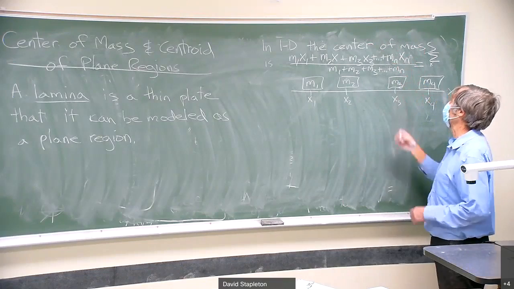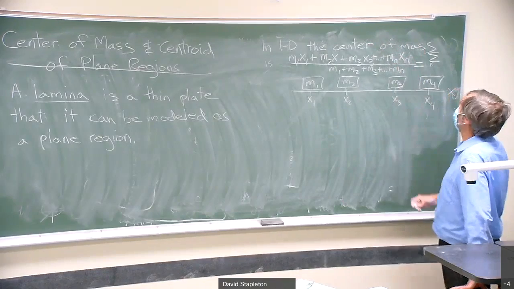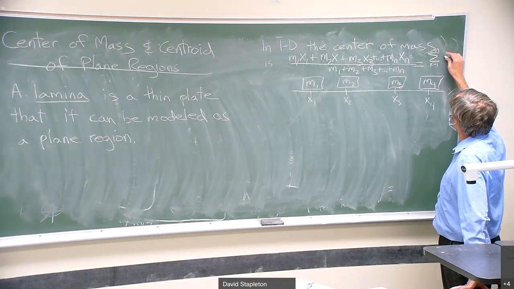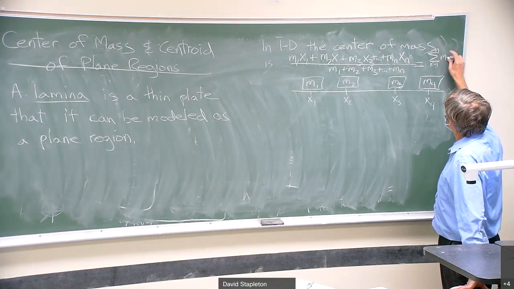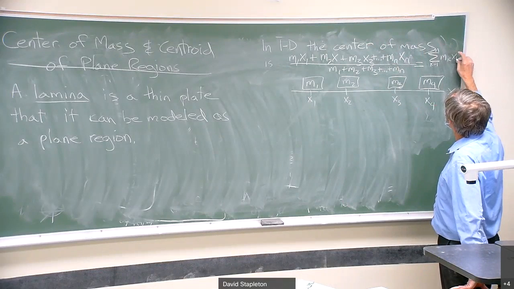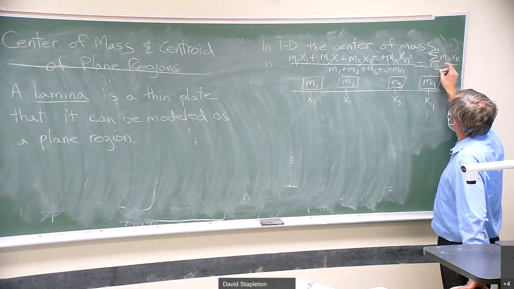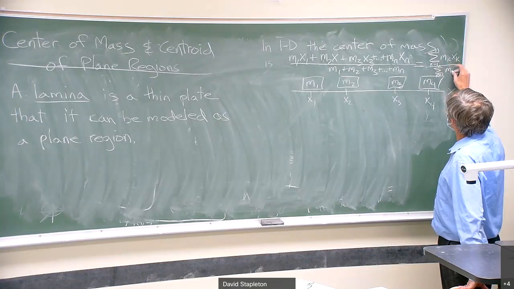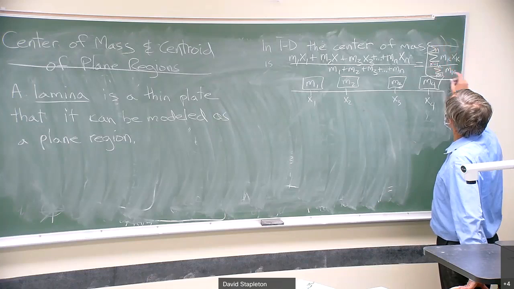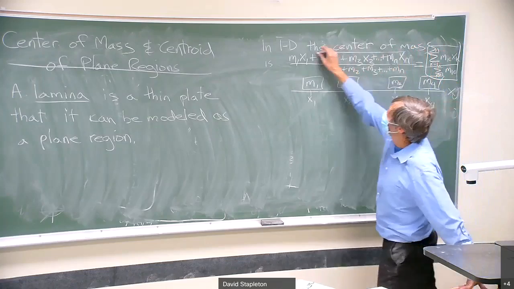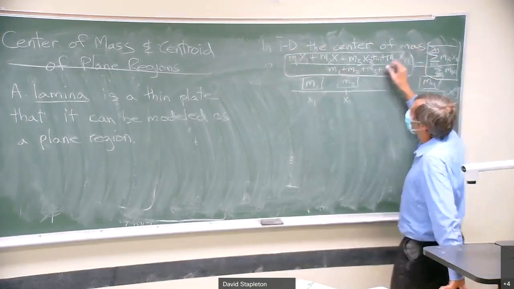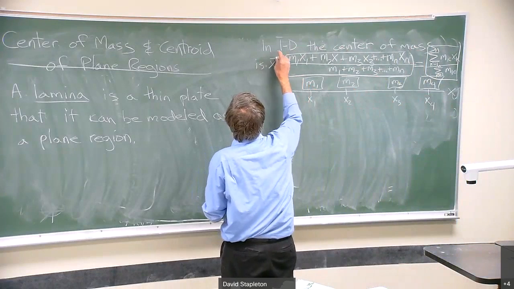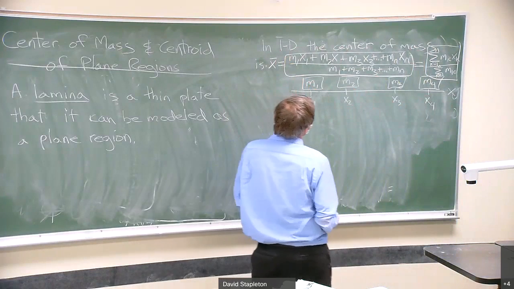We'd have 4 in this example, but let's consider it in general. This is the sum k equals 1 to n, the number of masses, of mk xk over the sum of the masses, k equals 1 to n of mk. So this formula is the sigma notation for this, but they both calculate x bar, the mean point of mass.